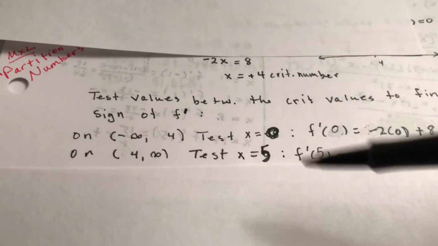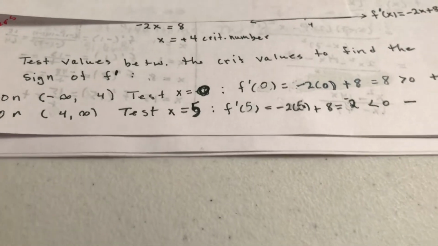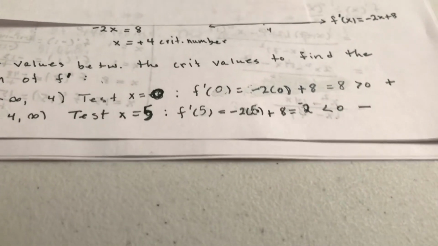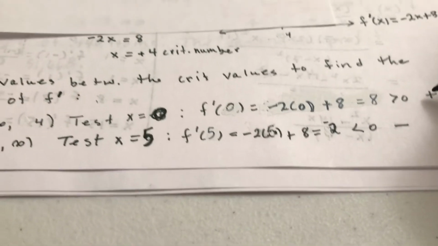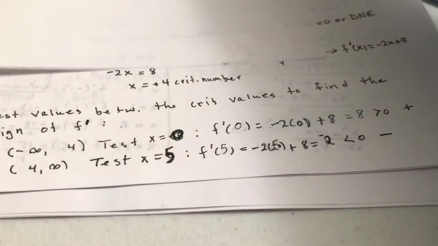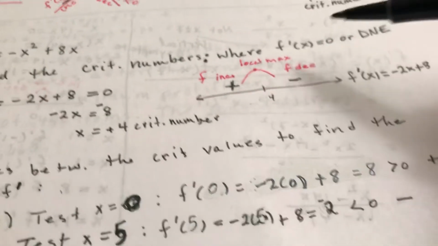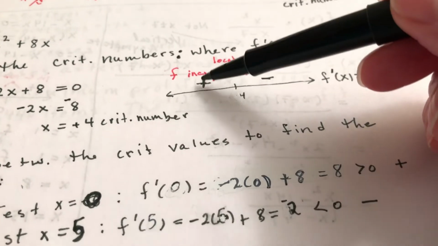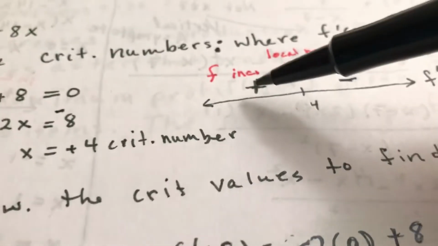So I test x equal 5 on this interval. F prime of 5 is negative 2 times 5 plus 8, and I got a negative value. So I'm getting a positive value on the one side of the critical value and a negative value on the other. And what I've done here then, if I come above, I see that I put a plus here because I got a positive with that value, and I put a negative with that value. And now I'm going to interpret it.